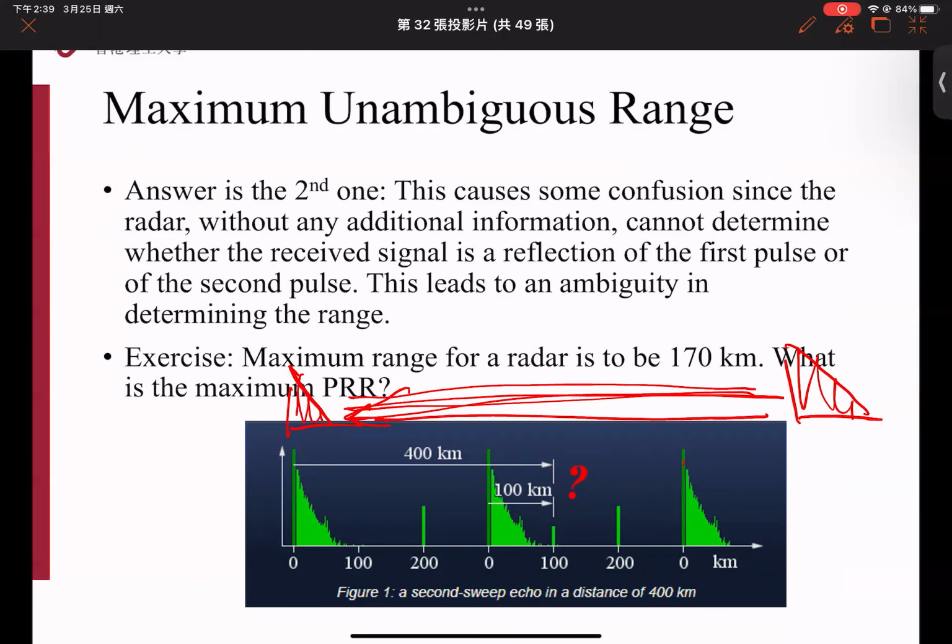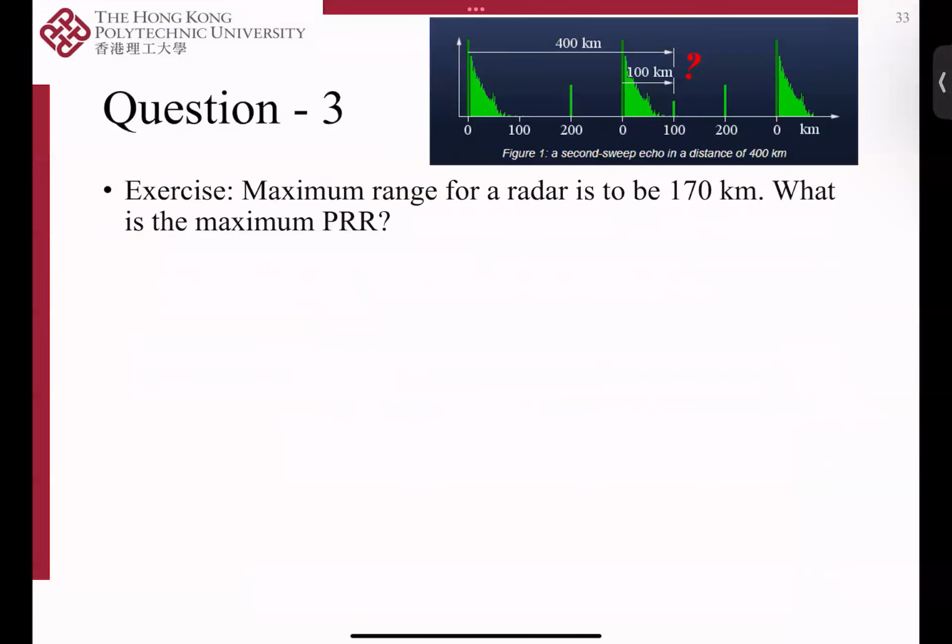Based on this, we can calculate the limitation. We can have a question to calculate the maximum range of a radar. For example, how to design a radar to detect the maximum range of the user or the aircraft.